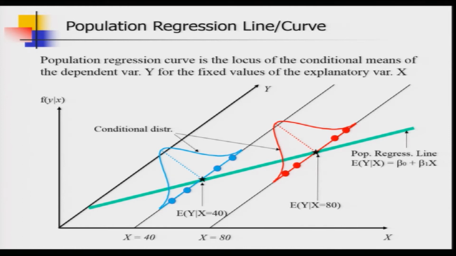Now I go with the formal definition that I am showing here at the top of the slide. A population regression curve is the locus of the conditional means of the dependent variable y for the fixed values of the explanatory variable x. Note that in that slide we have written line slash curve. Why have I written both? Because if you are assuming a linear relationship between 2 variables y and x, then you draw a line.